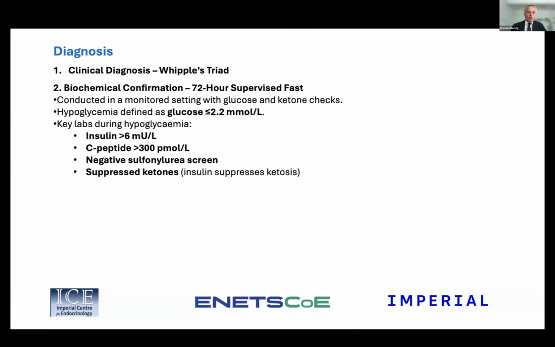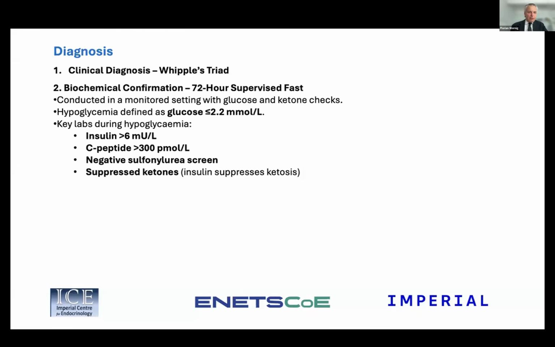Hypoglycemia is defined as a glucose level of less than 2.2 millimoles per liter. When this occurs, then blood is being taken for insulin, C-peptide, as well as a sulfonylurea screen and ketones. And it is important to wait until the laboratory actually confirms that the blood glucose was indeed less than 2.2 millimoles per liter.